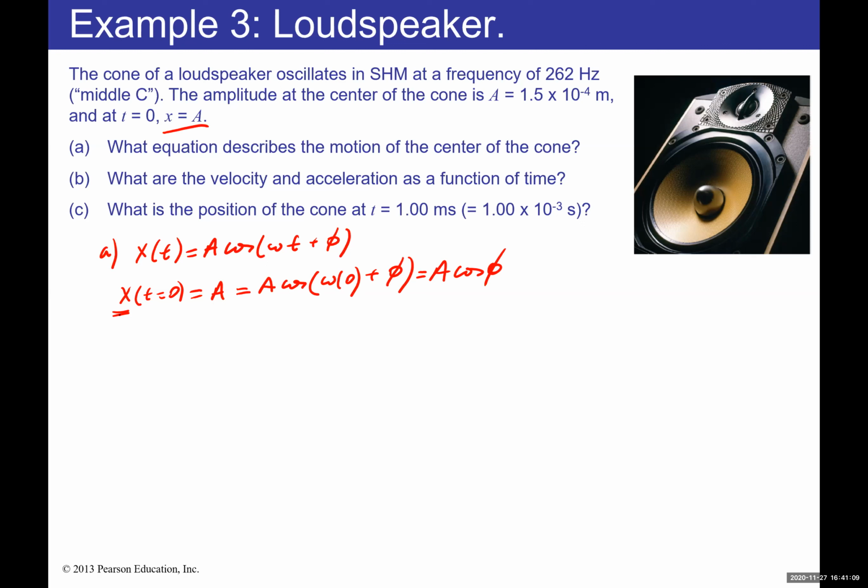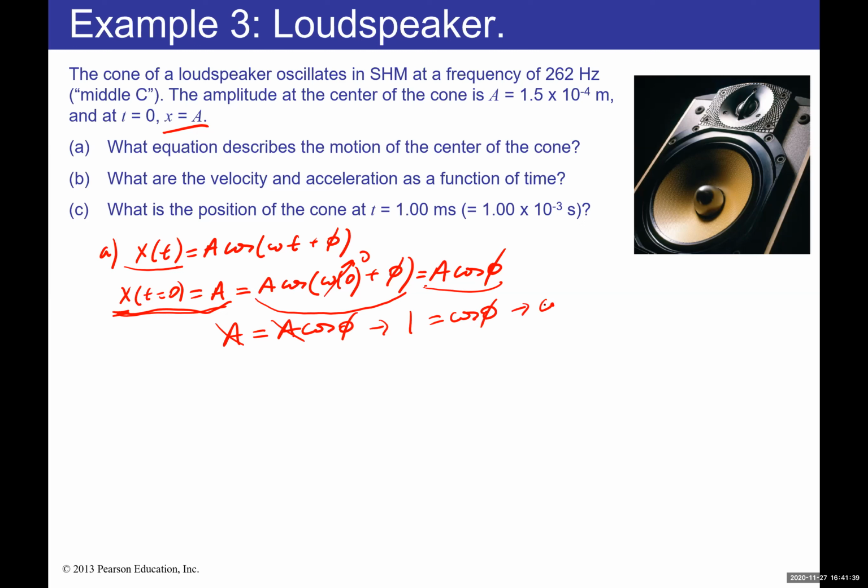That means this is the right side of the equation, and this is the left side, which is x equals A. The right side, A cosine of omega t plus phi, becomes A cosine phi because this term goes to 0 since t equals 0. That means we end up with A equals A cosine of phi. I can cancel the A, which gives me 1 equals cosine of phi.